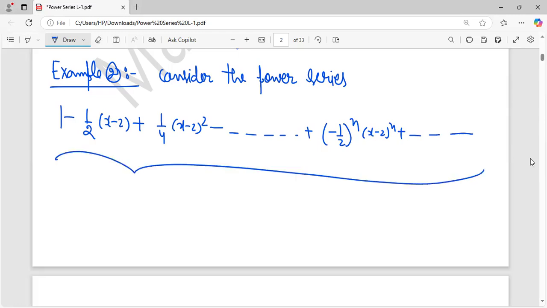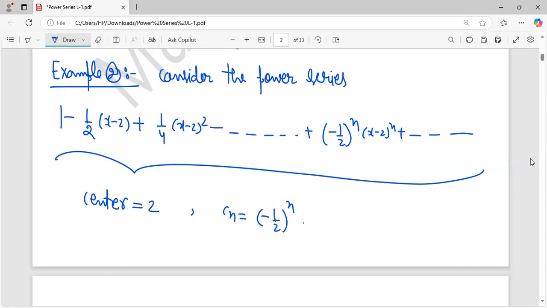So what is the center here? The center of the series is 2. Okay. And what is the coefficient? Coefficient Cn is (minus 1) to the power n.